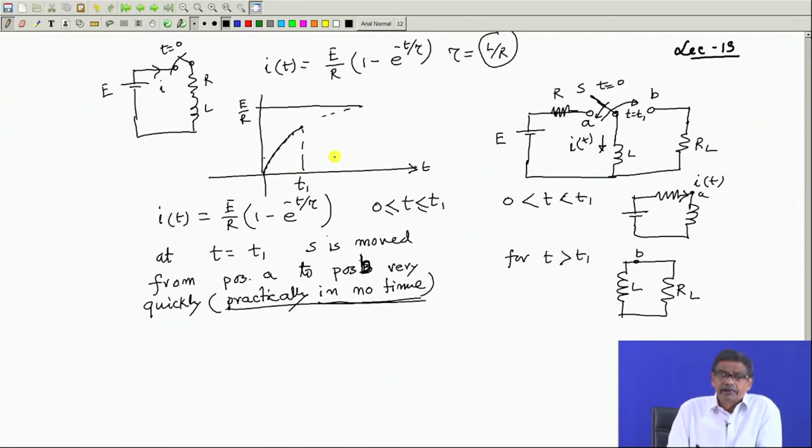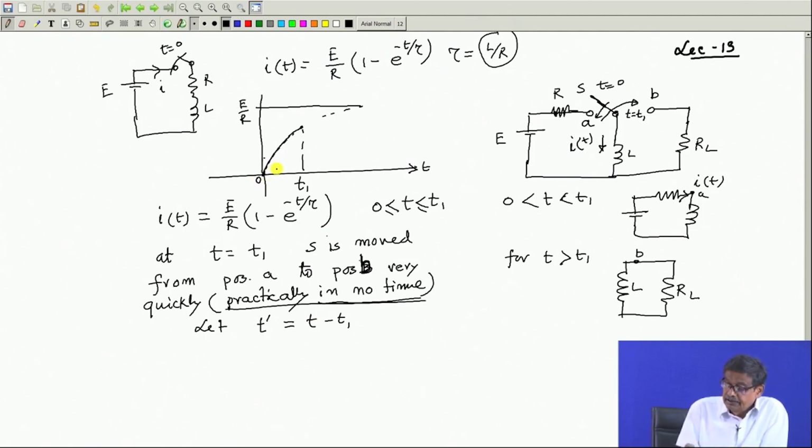Now, to avoid any confusion, let t dashed be t minus t 1. T 1 is a fixed time, t is the time which is counted from the very first switching I started.